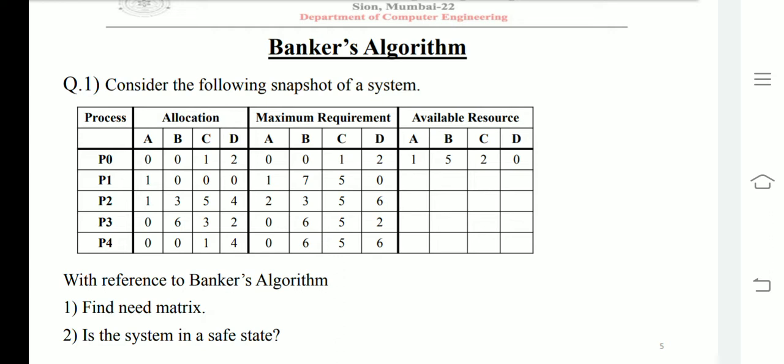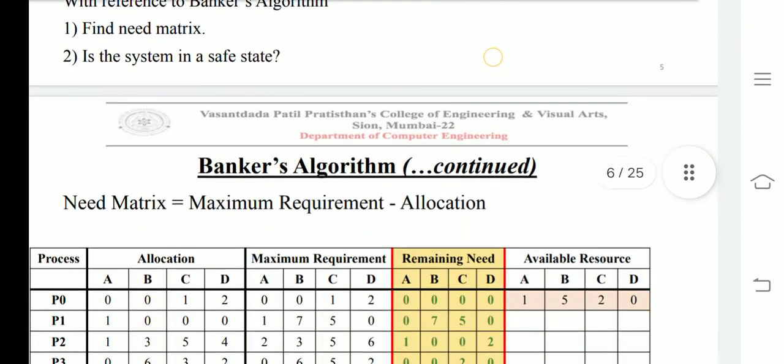Next is the maximum requirement of the resources required by each process, and last the actual available resources. Now what is our question? We need to find the need matrix, and also we need to find whether the system is in a safe state or not, and this we need to solve using the banker's algorithm.